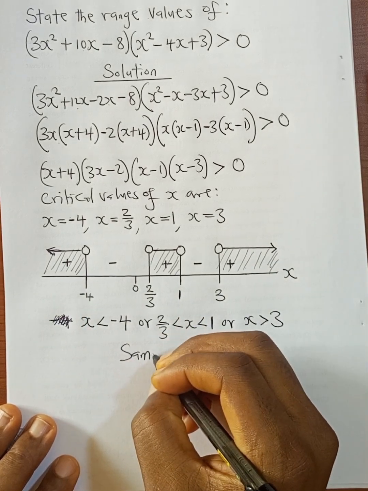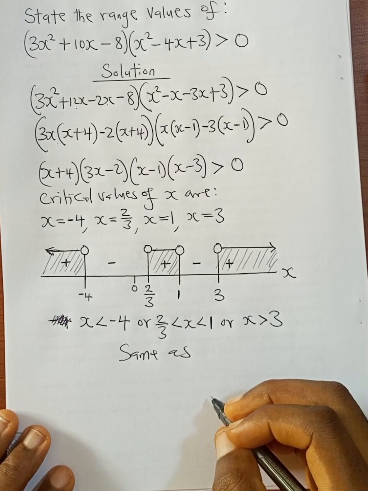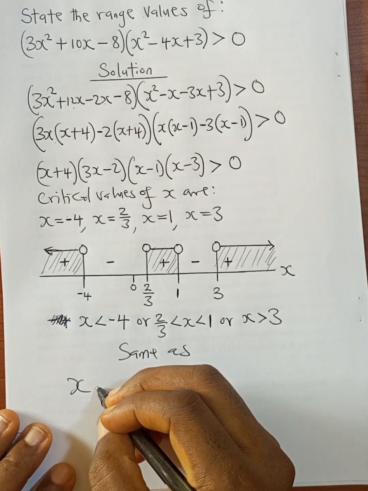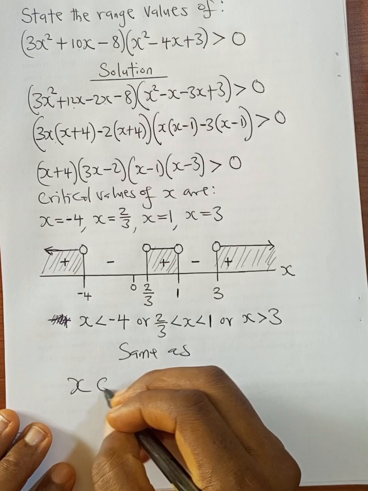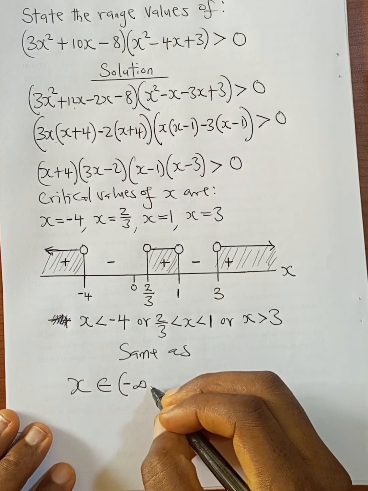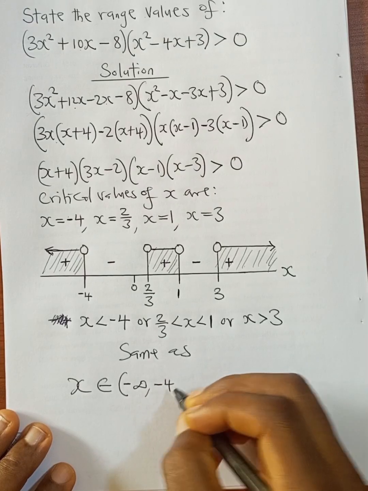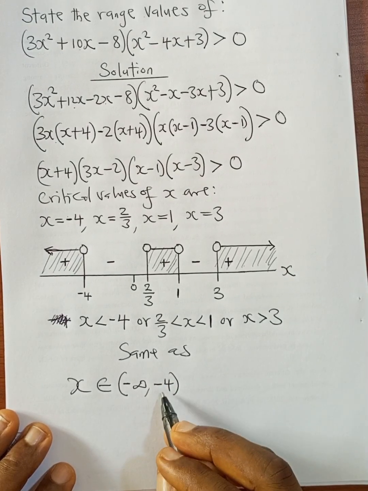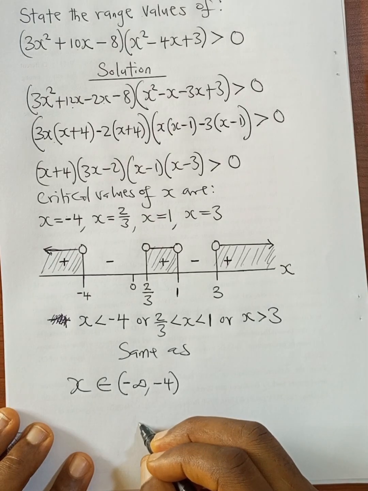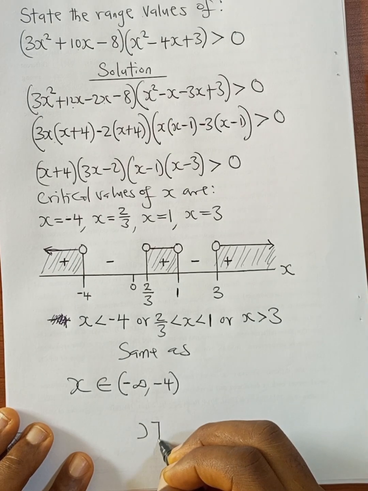Same way, if you want to use a set notation, we say that S is a member of from negative infinity to minus 4. Not inclusive. Minus 4 is not inclusive. It's less than. I told you there is difference between this and this.